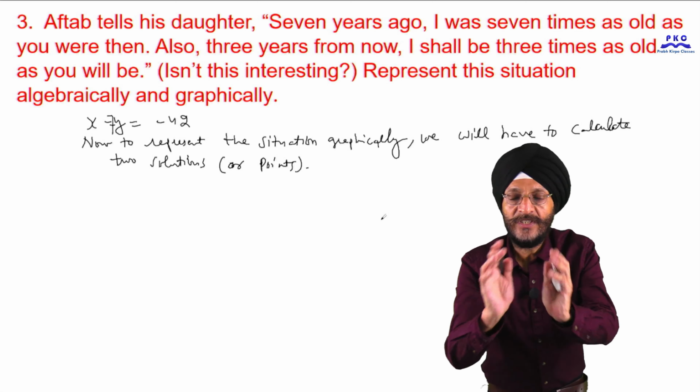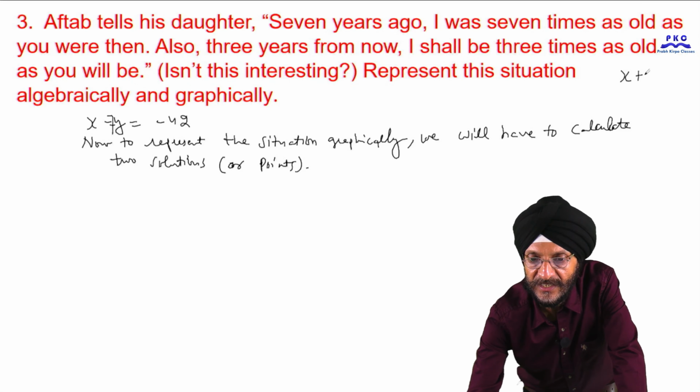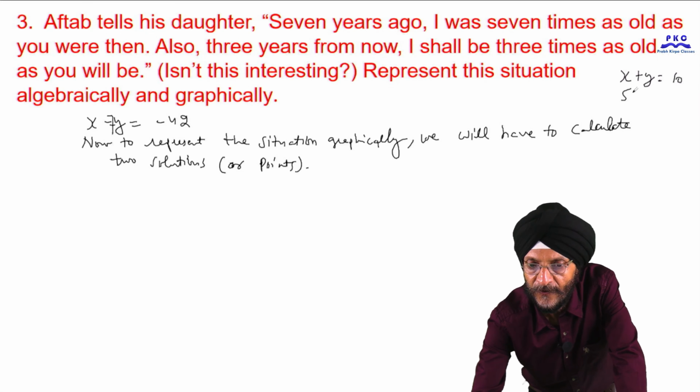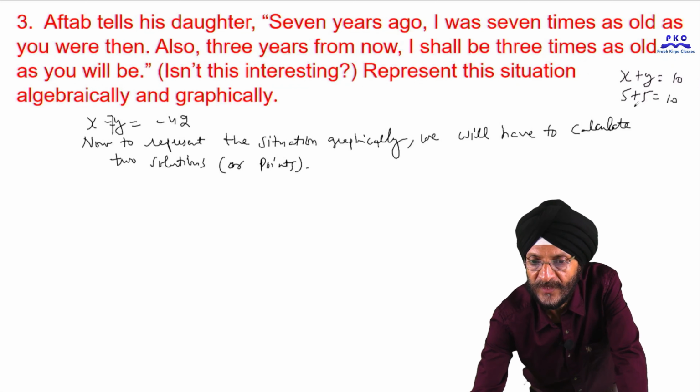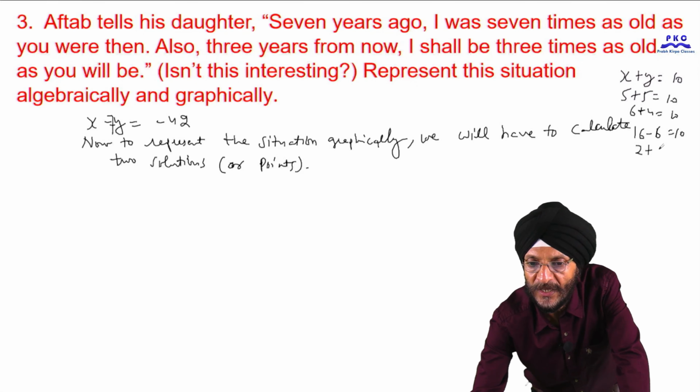We can understand this point in this way: if, say, it is x plus y is equal to 10, many scenarios can be there. 5 plus 5 is equal to 10, 6 plus 4 is equal to 10. It can also be that 16 minus 6 is equal to 10. It can also be that 2 plus 8 is equal to 10.